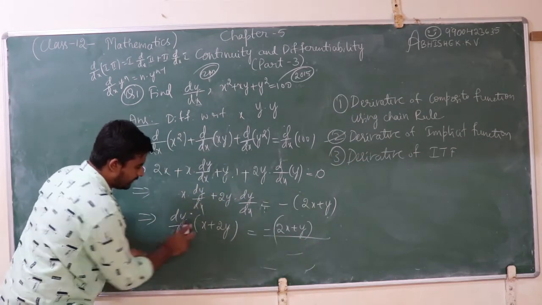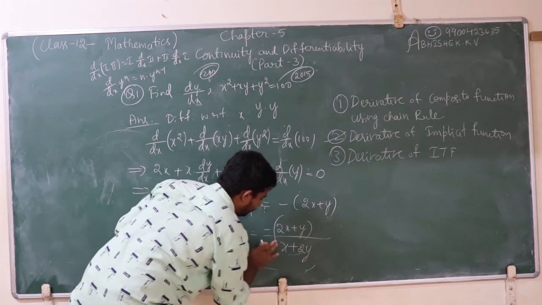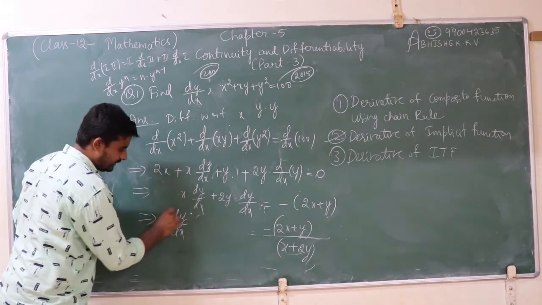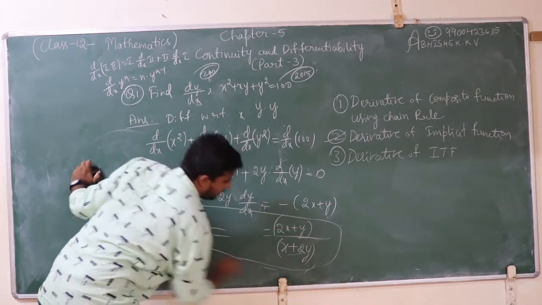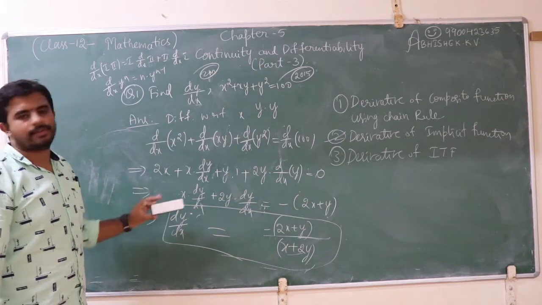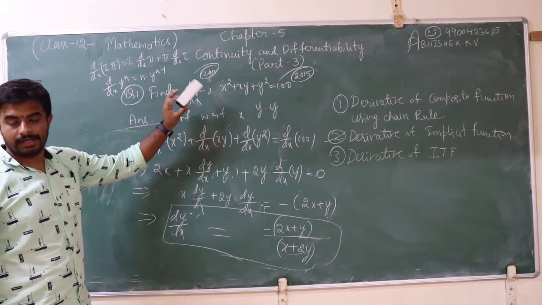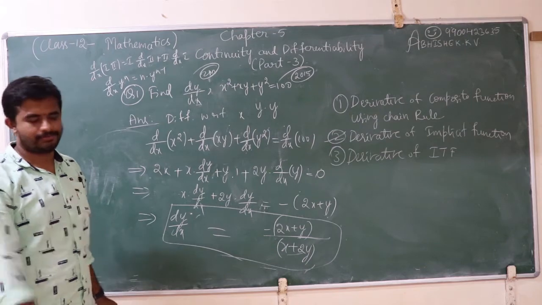Transferring this to the other side, dy by dx is equal to minus of 2x plus y divided by x plus 2y. So this is the way to find the derivative of an implicit function. Please note this down.